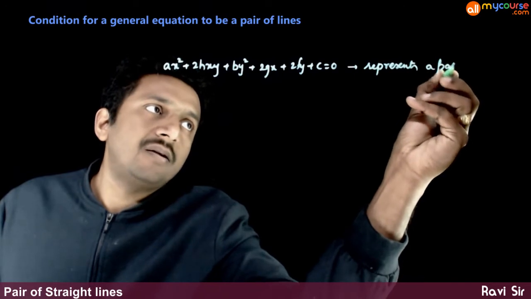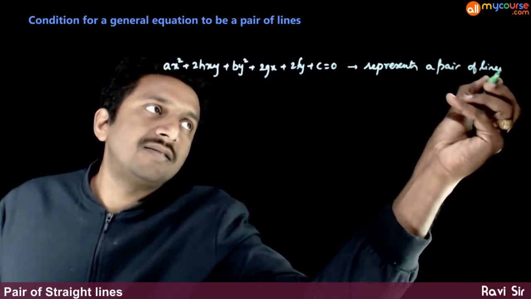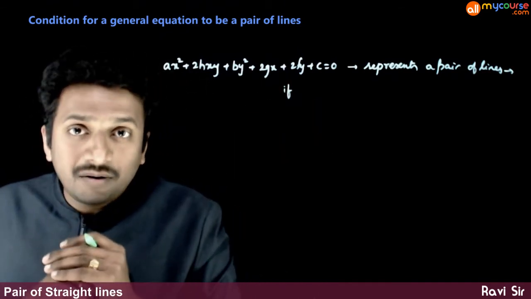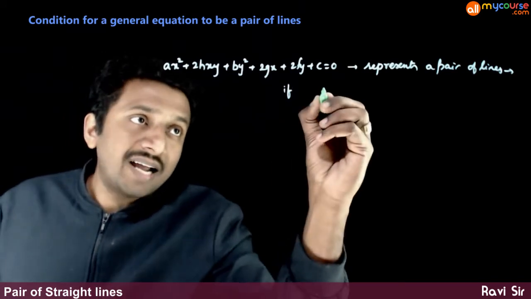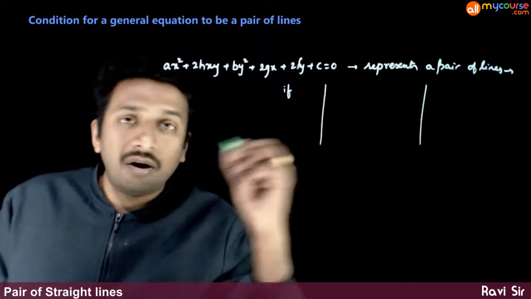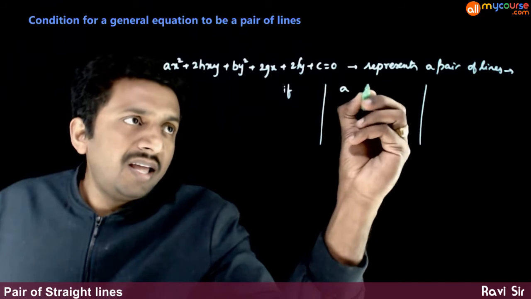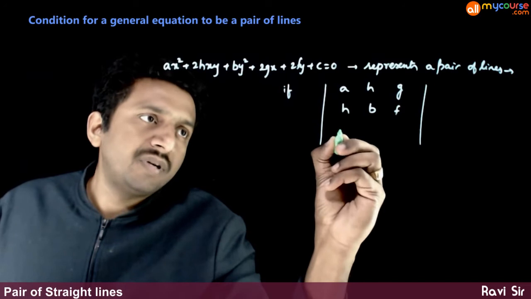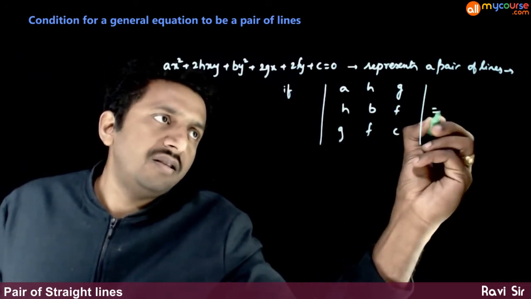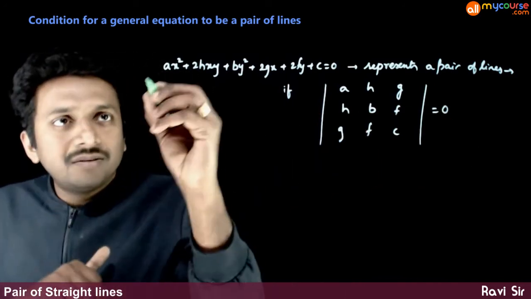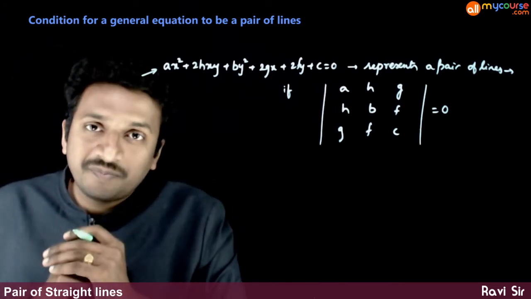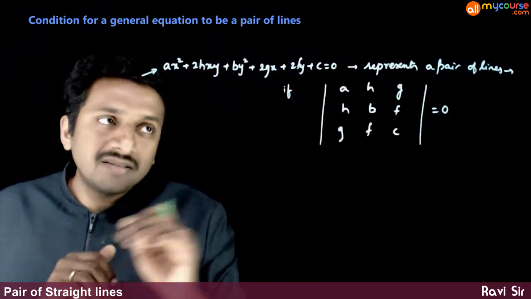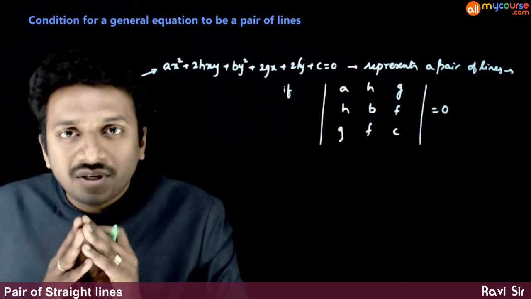It represents a pair of lines if the condition is that the determinant of the matrix with rows a h g, h b f, g f c is equal to 0. This is the statement which you need to remember: this expression is equal to 0 represents a pair of lines if this determinant is equal to 0.